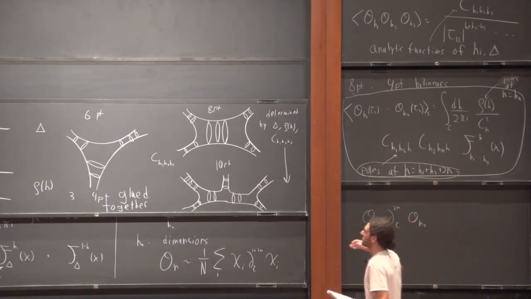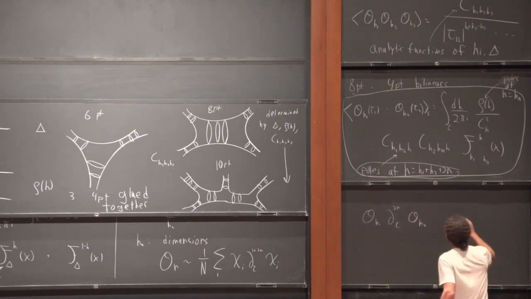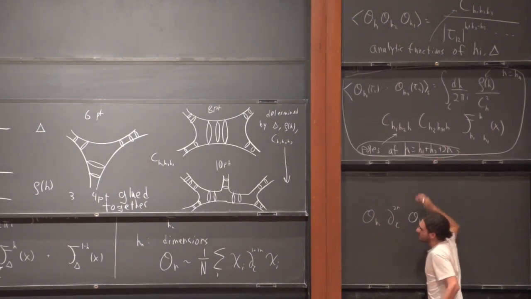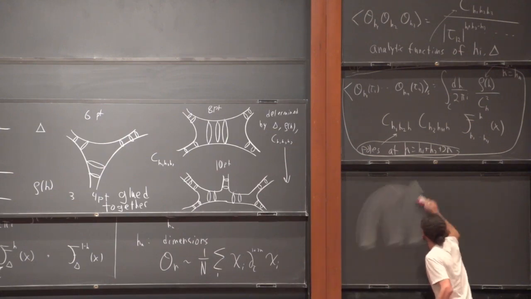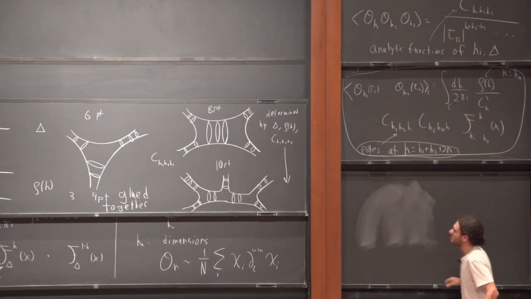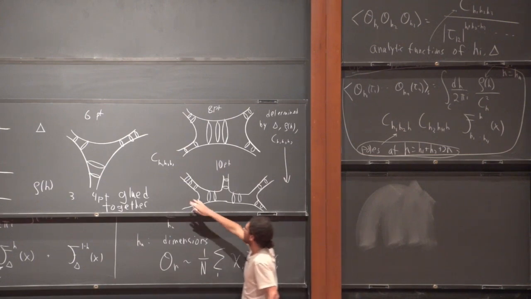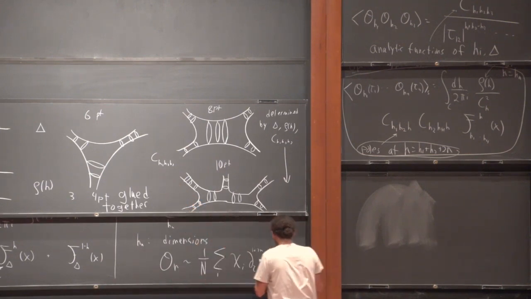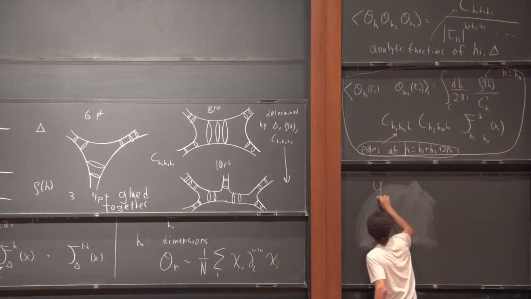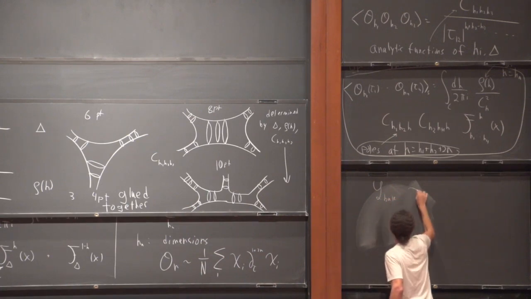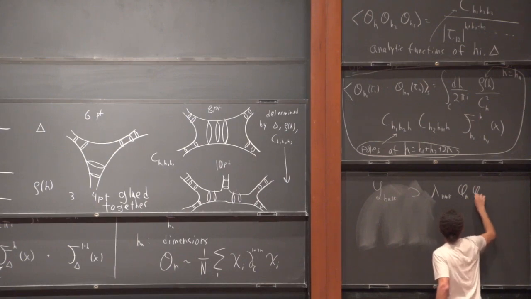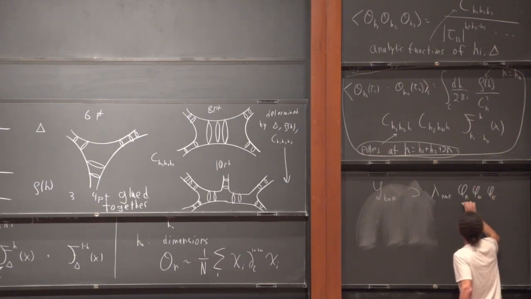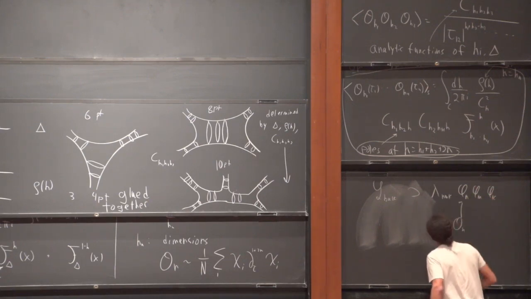knowing all the correlation functions determines the bulk theory in principle. So for the cubic couplings, the bulk cubic couplings are very simply determined from the 3-point functions of the bilinears. So the bulk Lagrangian will have some cubic couplings, phi n, phi m, phi k, where these phi n's are dual to the O_n's.